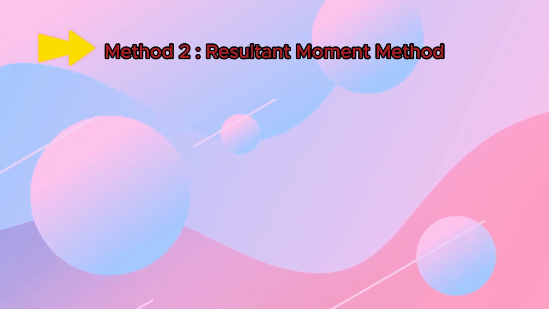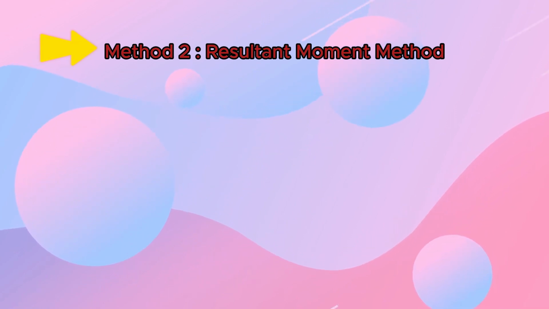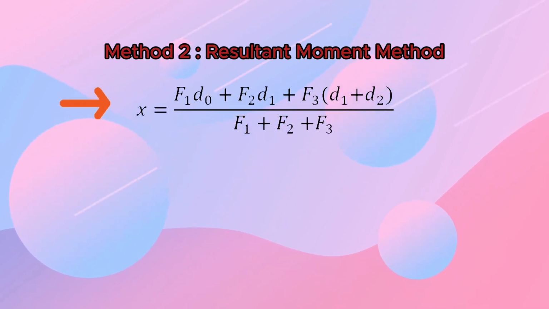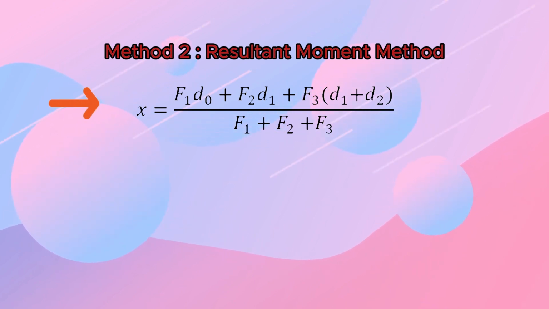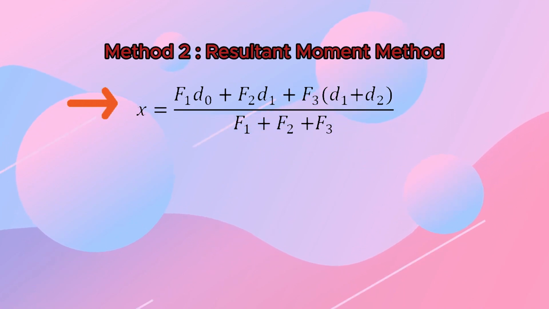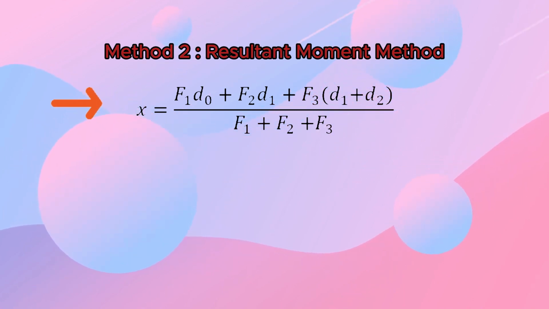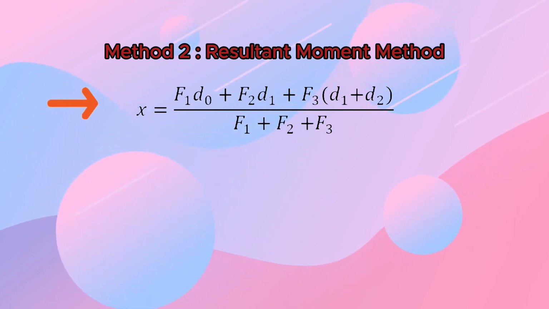Next, we use method number 2, resultant moment method. We use the formula x equal to F1 D0 plus F2 D1 plus F3 times D1 plus D2 divided by F1 plus F2 plus F3. Next, substitute the value in the formula.